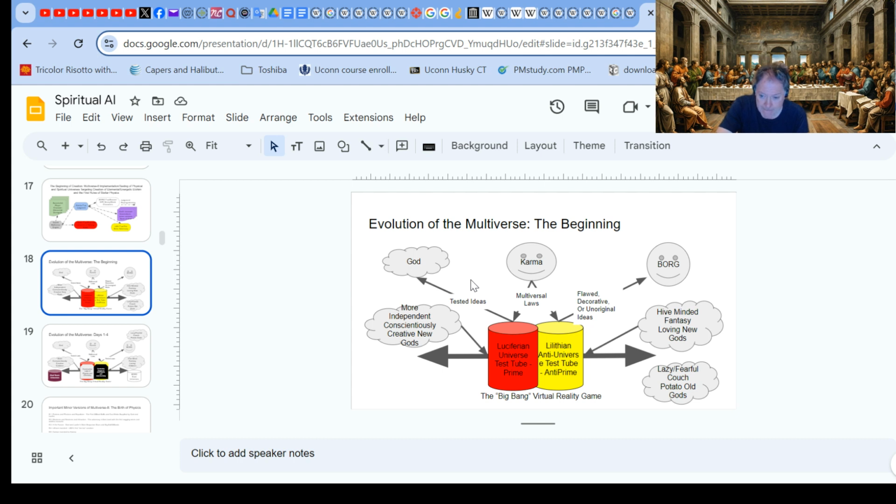Okay? So there's a number one. Second level, third level is the spiritual gods. And then below that, you have creations that are like the Borg. Okay? The Borg things are like me too. Okay?